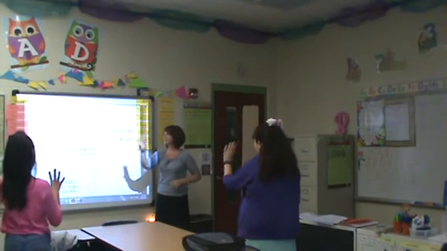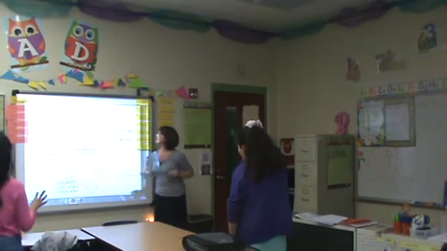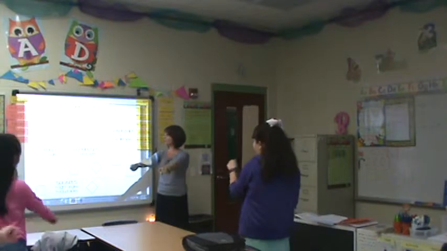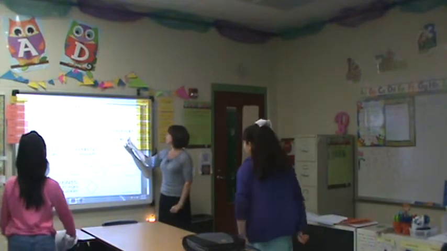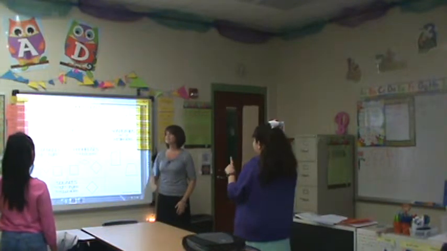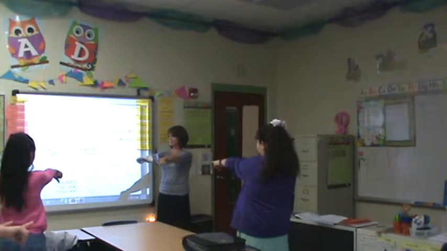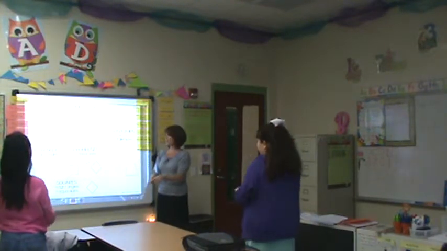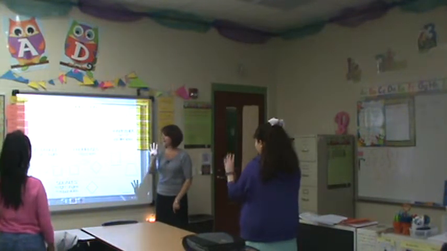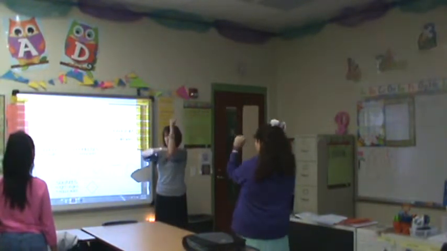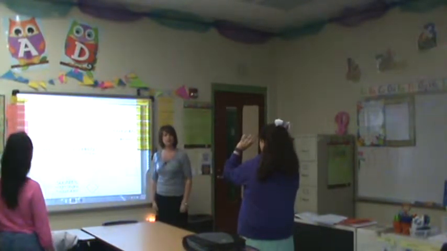Quadrilaterals. 4 sides. Parallelograms. 2 sets of parallel sides. Trapezoids. 1 set of parallel sides. Rectangles. 4 right angles. Let's do rectangles again.